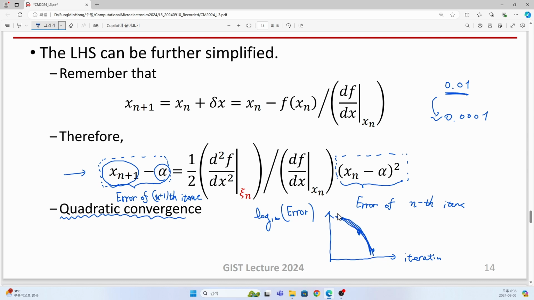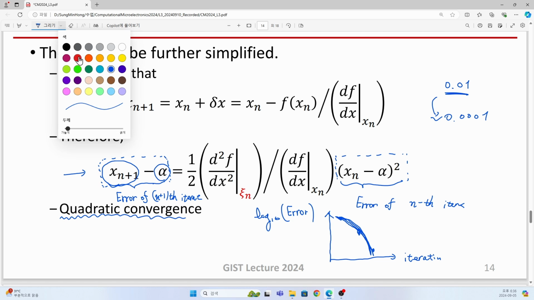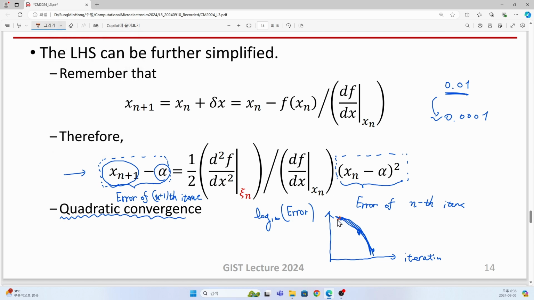So here you can see, this will be the one for nth iteration and n plus 1's iteration and n plus 2's iteration.